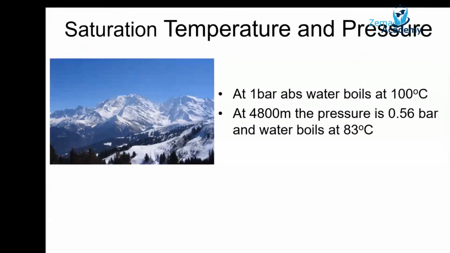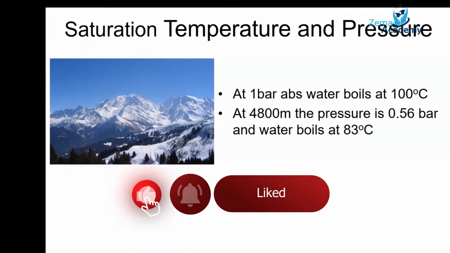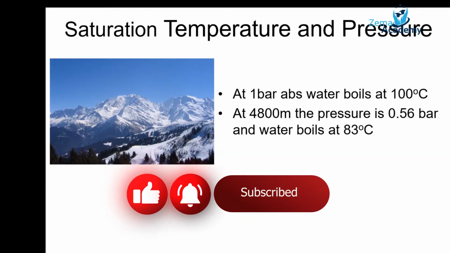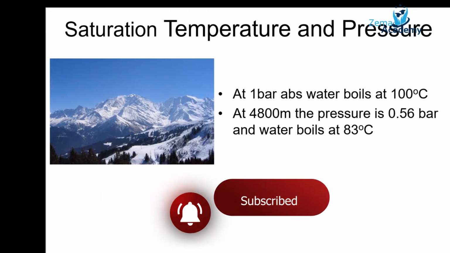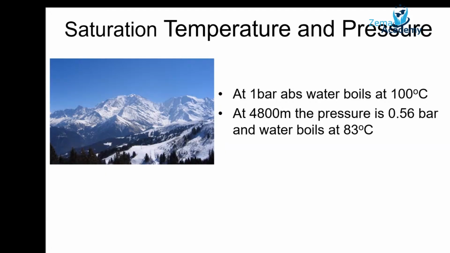For instance, if you take water and try to boil it at, let's say, 4,800 meters, at a pressure of 0.56 bar, the water boils at 83 degrees C. So as you can see, not 100, the one that we always say. Depending on the pressure, water can also boil at 83 degrees C. So what I wanted to highlight here is the relationship between pressure and temperature, and that is critical in any refrigeration systems that we will look at.